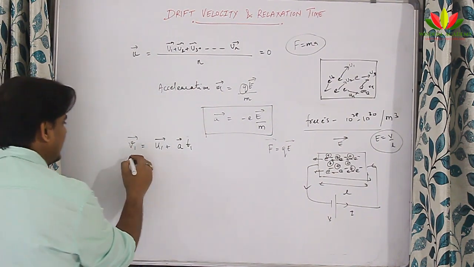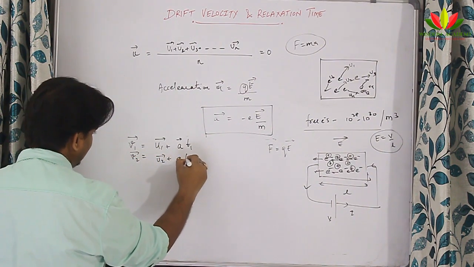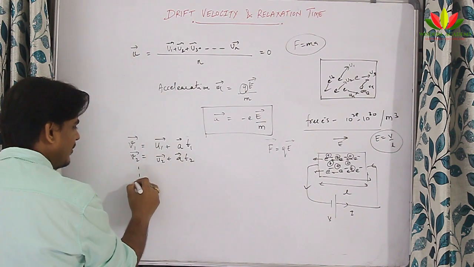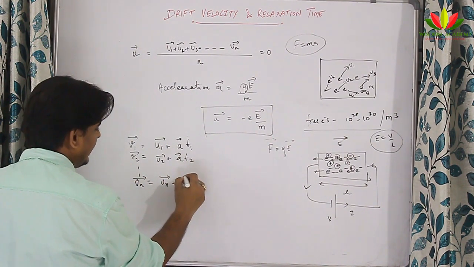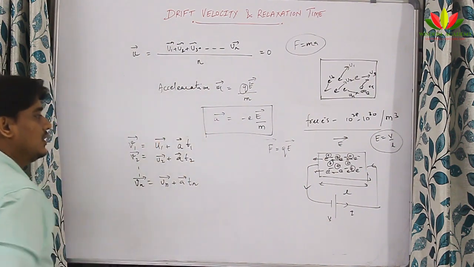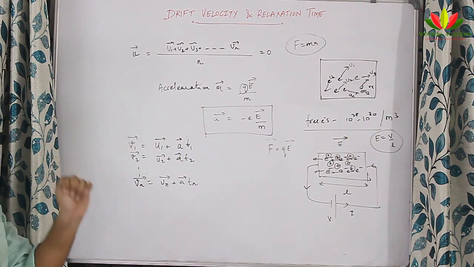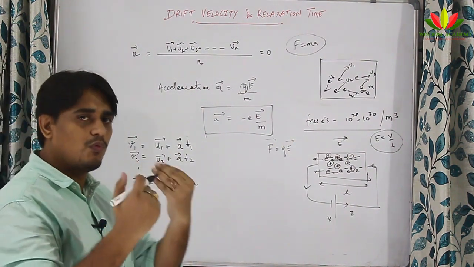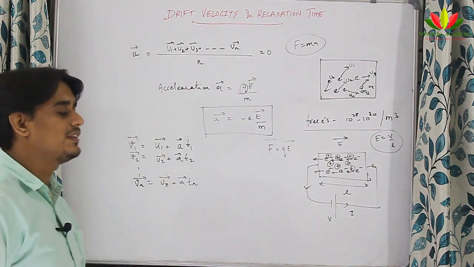Like that, for the second particle it will be u2 plus a t2. Same way, up to n particles, it will be un plus a tn. This is how the velocity of each particle will change at the moment you apply some electric field, because the moment the electric field is applied on the electrons, there is some force on them.